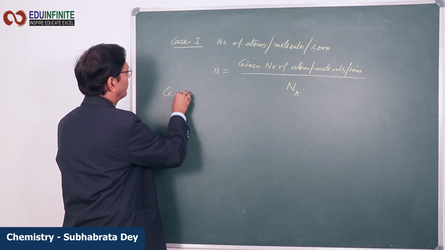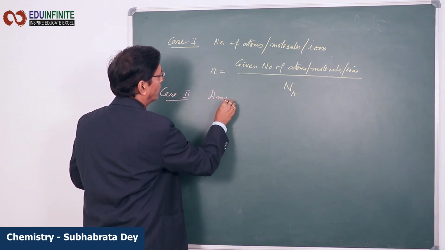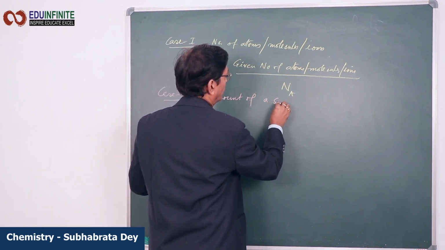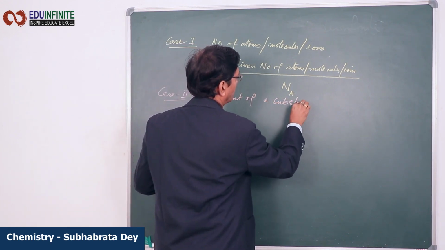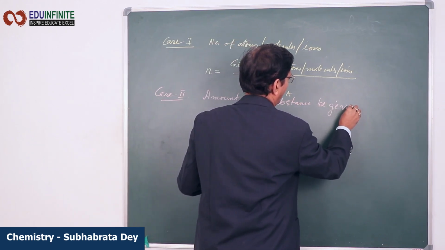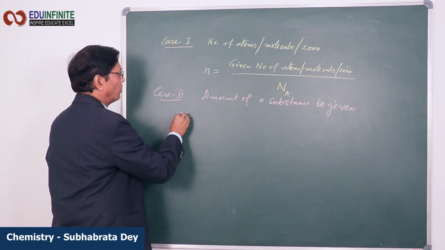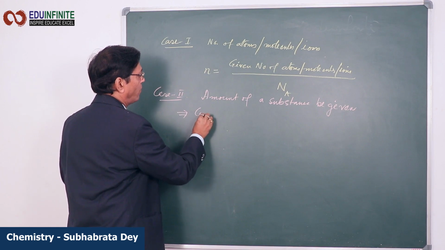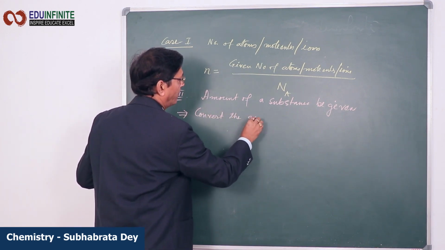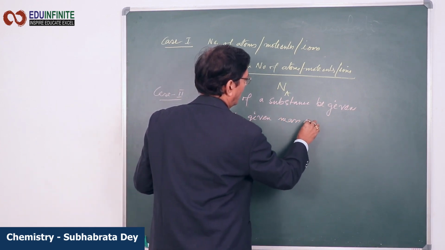Case 2: if the amount of a substance is given, where substance means a chemical compound or element, then first what to do? Convert the given mass into gram.